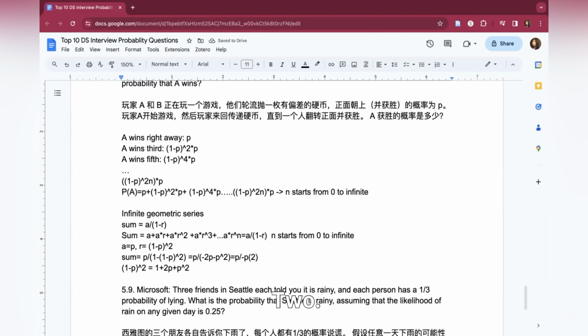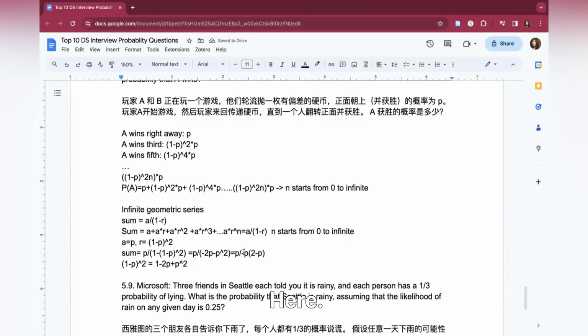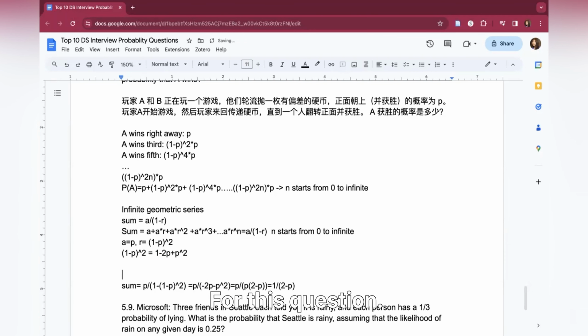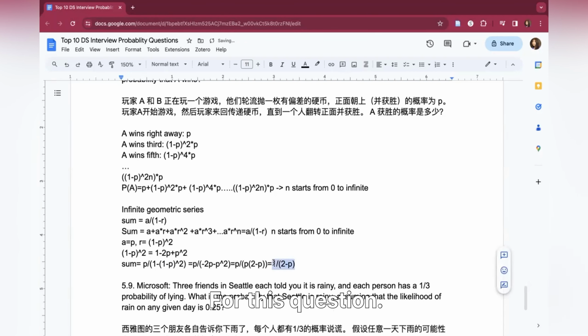Oh, oops, I did something wrong here. This here is minus, so it should be this. And then you can divide by P, so this would be the answer for this question.